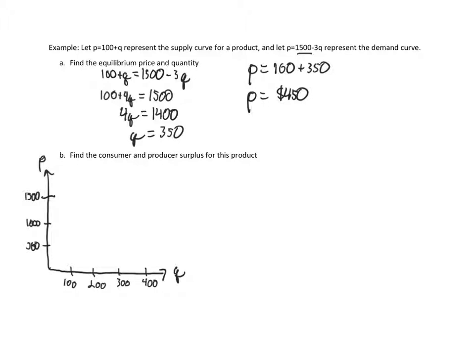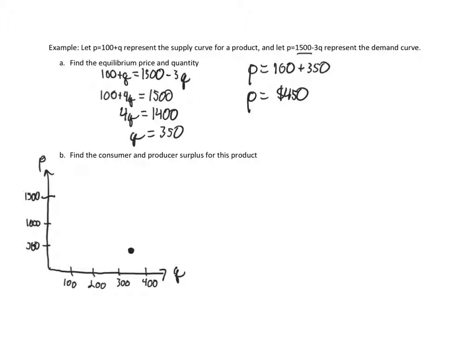So to make these graphs, it's really not going to be as difficult as you think, because you actually know enough points to make them come together. You know both of these graphs are going to meet where quantity is 350 and price is 450. So on both of these graphs, I'm going to have a dot at 350 and 450.